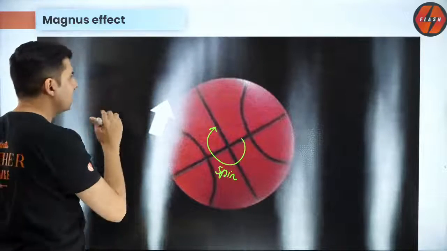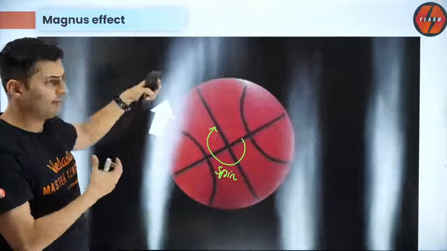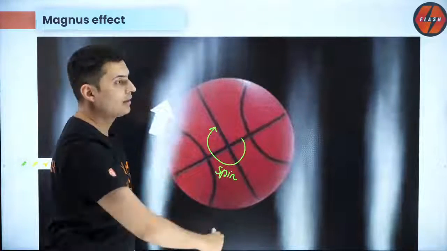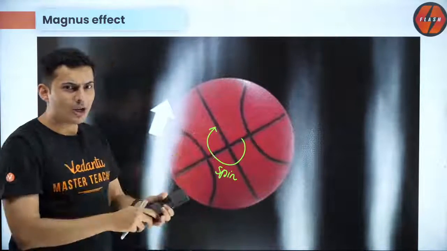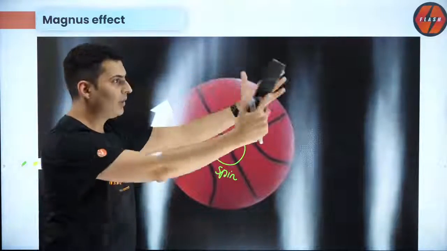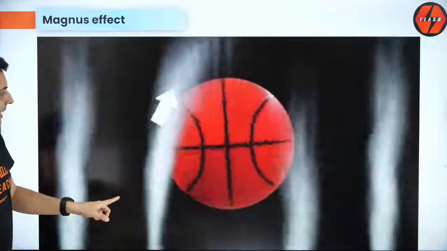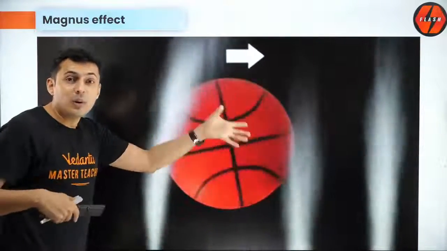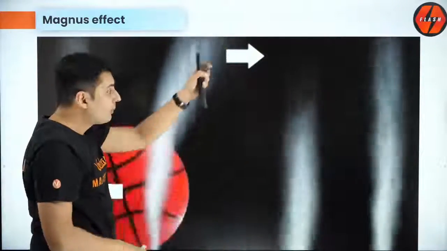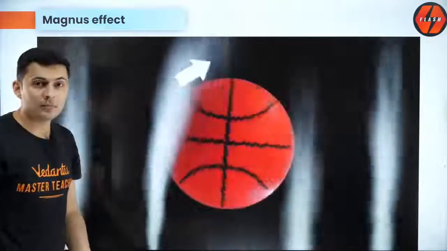All right, now think about it. Just imagine, guys, you have a ball which is given a spin and you're throwing it like this. Now if you sit on the ball and observe the air coming towards you, this is what you're going to see. Look at that. The air which is coming towards you on one side will be pushed faster, but on the other side will be slowed down because of the spin of the ball.